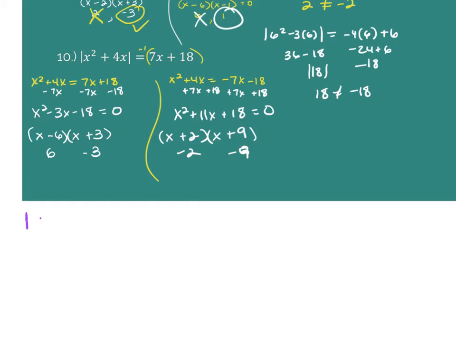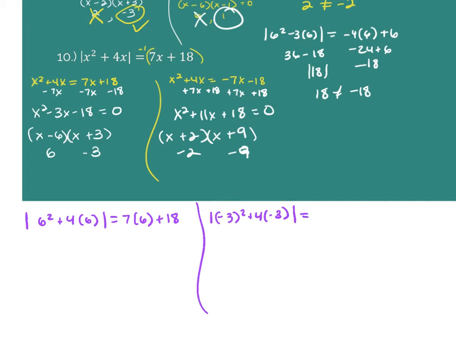So absolute value of 6 squared plus 4 times 6 equals 7 times 6 plus 18. Absolute value of negative 3 squared plus 4 times negative 3 equals 7 times negative 3 plus 18.